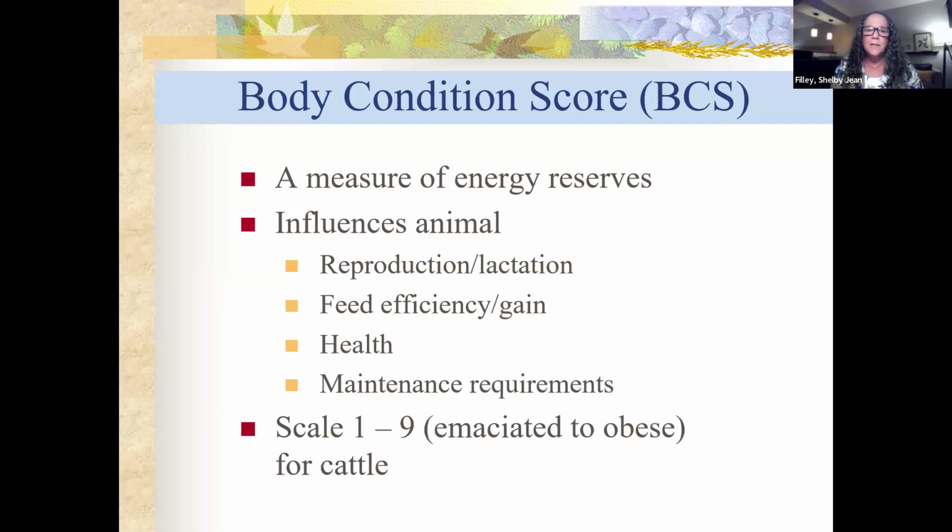It also influences feed efficiency and gain. If the animal is not getting enough energy, then it won't be gaining very well, having to use its own body condition. It can influence health and also maintenance requirements, and I can show you on a ration balancer where to adjust for that.